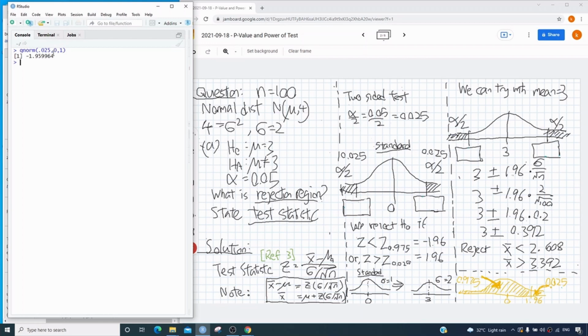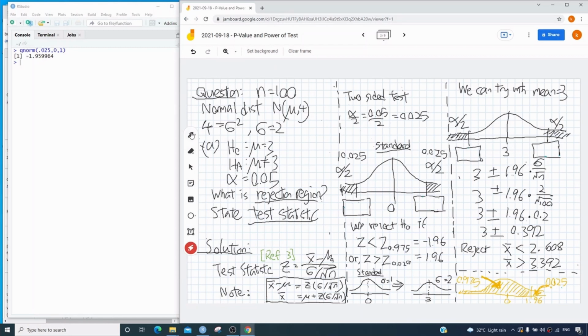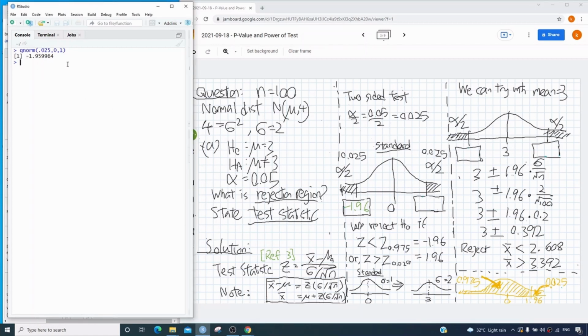Okay, so it is minus 1.96. I will write here minus 1.96. We can find this on the normal table as well, but I'm going to use R, which is faster.